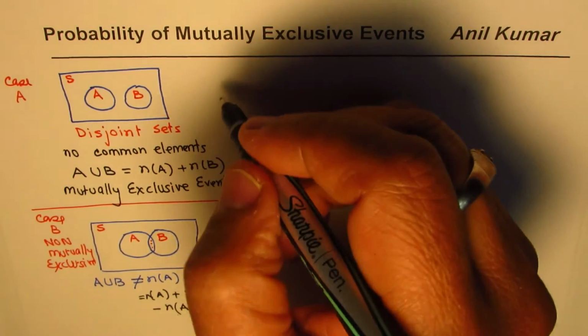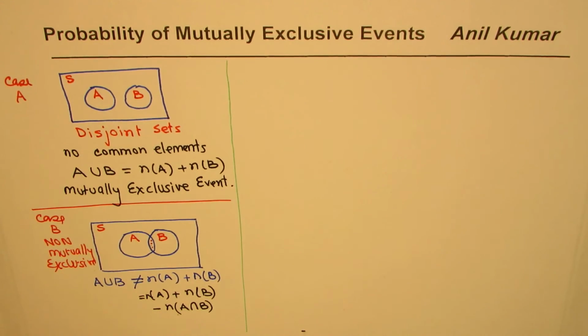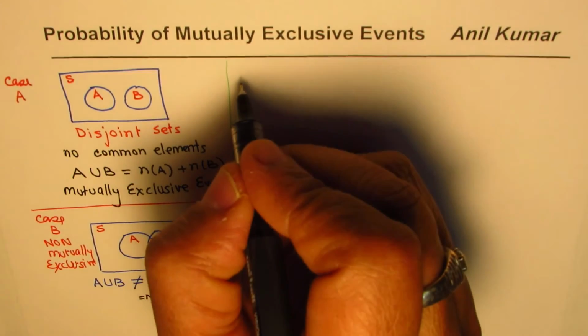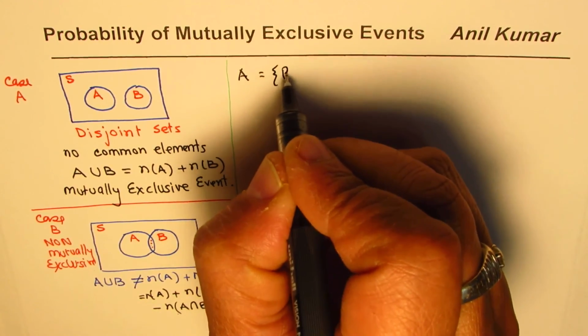Now let me take some more examples with which we can find probability. So let's take an example playing with the dice. Let's say we have a dice here. We got a number 1. As you know, 1 is a perfect square. So let us say that we defined event A, which is a set of perfect squares.